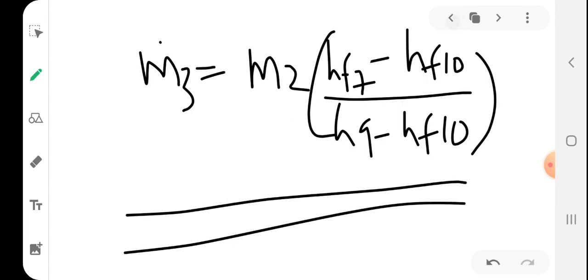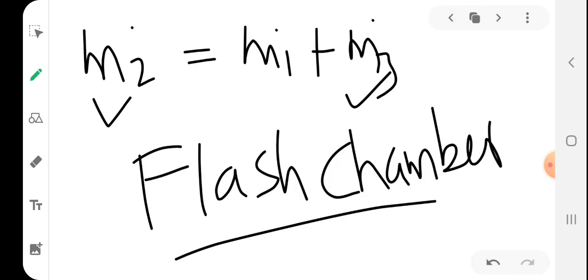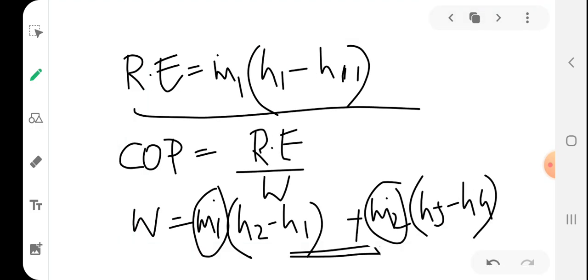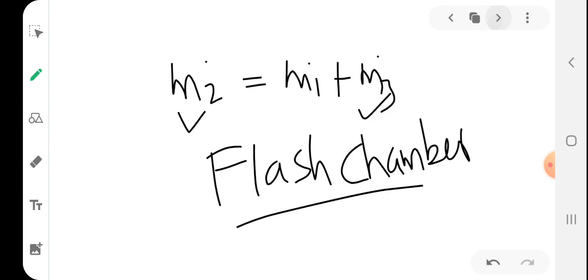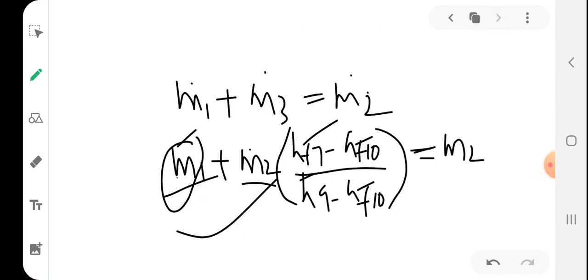But in order to find the work, you may require this value of m2 dot. So in order to find m2 dot, you may use this equation. Okay, so hope you have understood this.